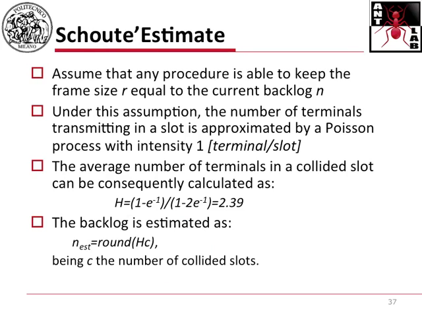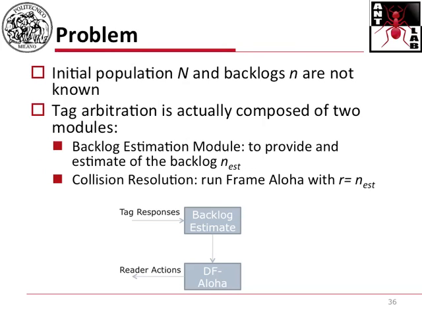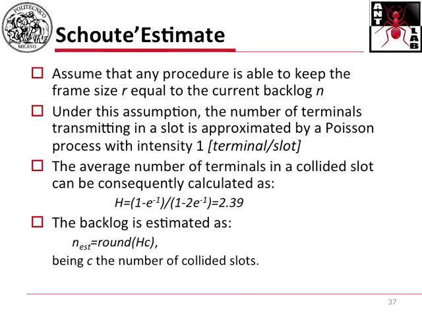One of the most used implementations of this block is rather simple, and I guess it's more or less the only one used in the field of RFID systems. It's called the Schoute estimate, after Schoute, a researcher.